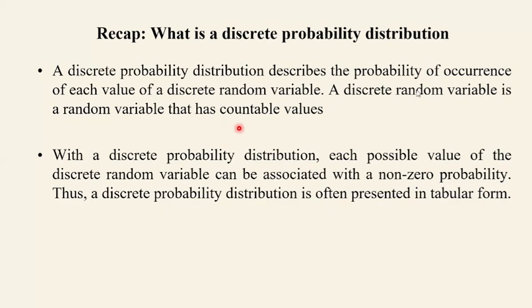That means we are able to count it. With the discrete probability distribution, each possible value of the discrete random variable can be associated with a non-zero probability. And also we can present this discrete probability distribution in a tabular form or in a formula form, right?